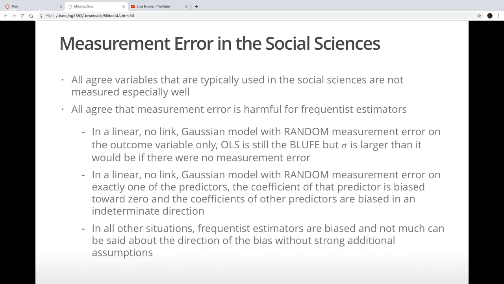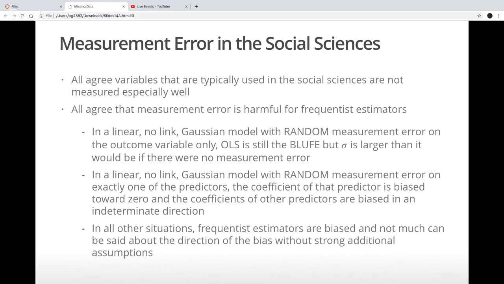Best in the sense that it has the smallest variance across data sets in those point estimates. But the standard error of the residuals is just larger than it would be if y, the outcome variable, were measured perfectly. So in that one case, measurement error causes no bias across data sets, and it does not change the fact that ordinary least squares for fixed x is still the best linear unbiased frequentist estimator. But that's an extraordinarily special case.